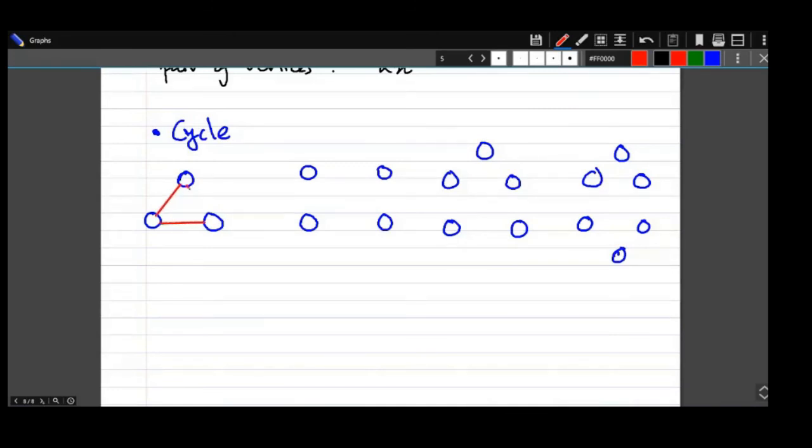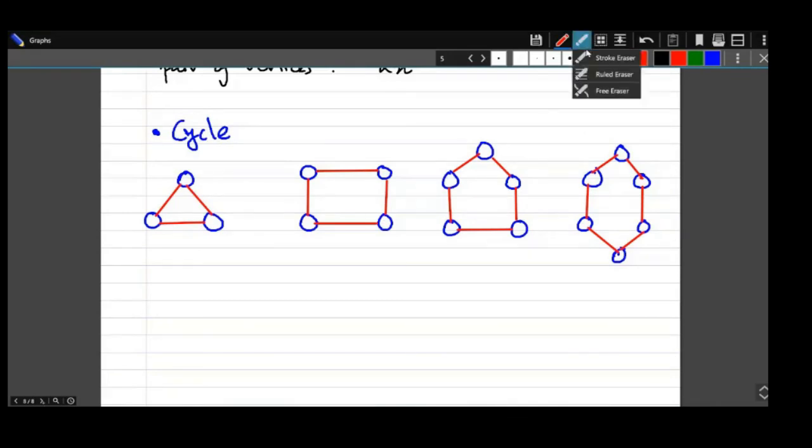Now look at this. Okay. And then you see that this is C3, C4, C5, and this is C6. Okay. So it is called a cycle. Now you can understand what we mean by cycle.